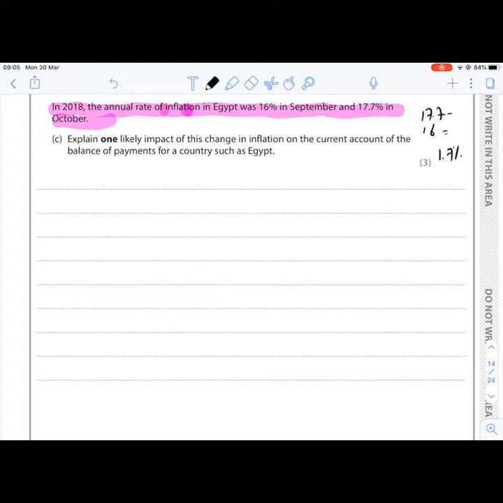It costs more money. The question is, explain one likely impact of this change in inflation on the current account of the balance of payments for countries such as Egypt. Let's just remember that the current account of the balance of payments records imports and exports. So the question is asking you, what is an impact of an increase in price levels on the current account? What impact does it have on imports and exports?